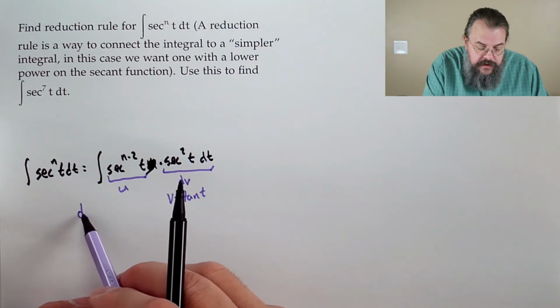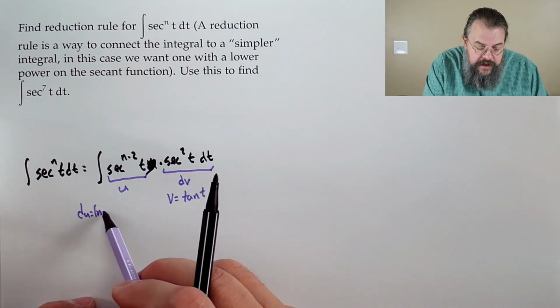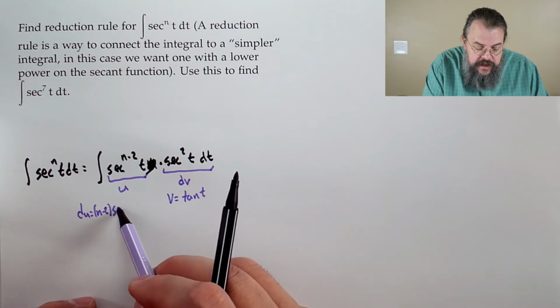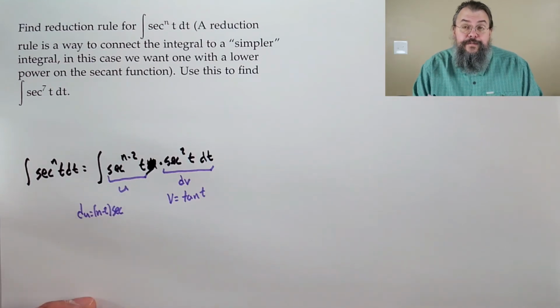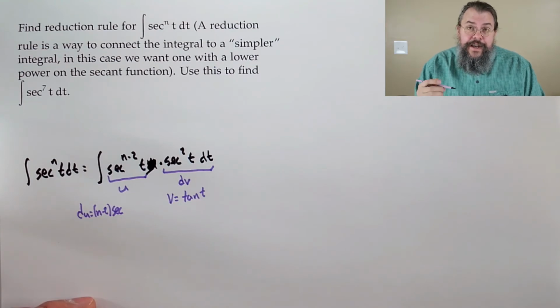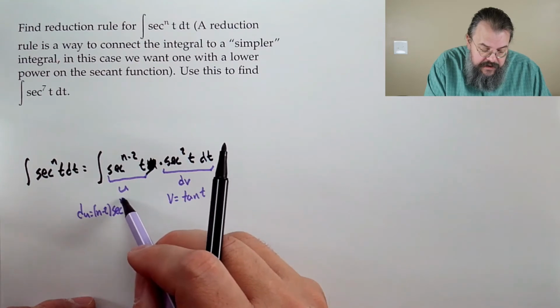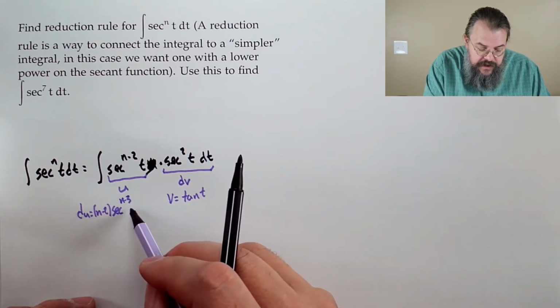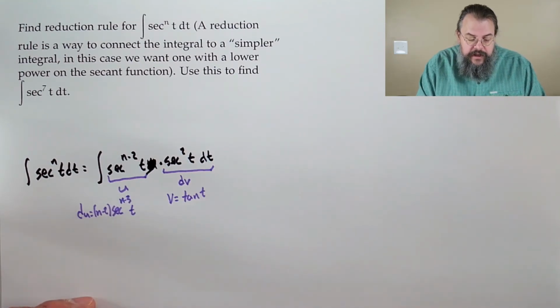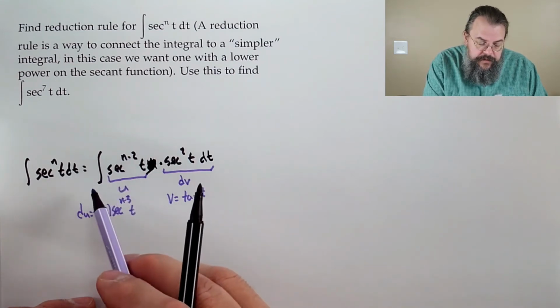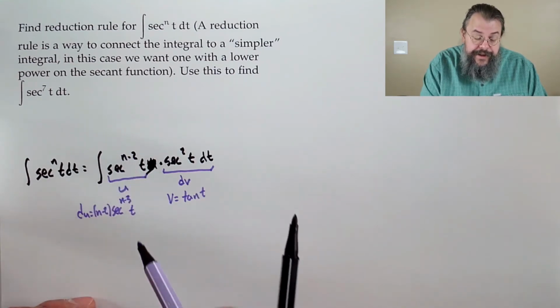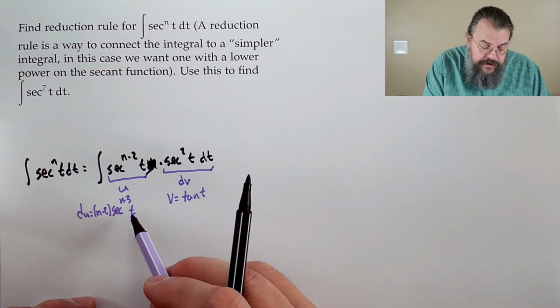All right, here, well, we've got to be a little bit careful. What's our du? So the n minus 2 comes down. Secant to 1 less power. Okay, so if you take secant to 1 less power, n minus 2 minus 1 would be to the n minus 3. We're doing the chain rule if you're following along. Okay, so power comes down to 1 less power, times the derivative of the inside.